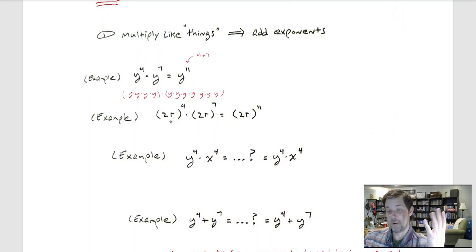Again, 2r is a variable. I know what the number 2 is, but r is an unknown. But nonetheless, this is 2r to some power times 2r to some other power. So this rule is still applicable. Anytime you multiply like things, you add the exponents together, okay? We can do that by the same rationale as in this one.